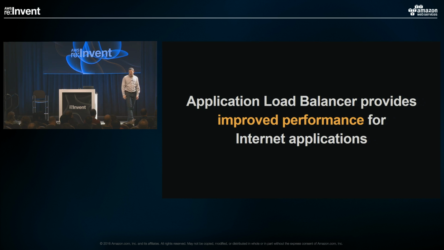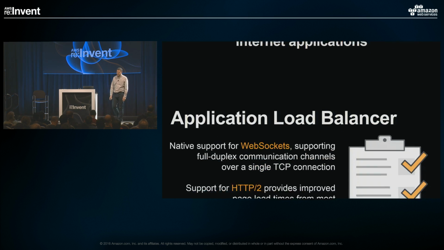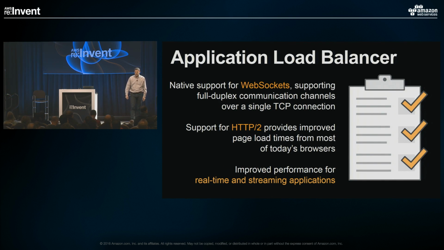Application load balancer provides improved performance for internet applications, right? So we spoke about this a little bit earlier, but there are a few things in here. If you're running an application on the internet and you don't even have a need for path-based routing, it's a really good idea if it's HTTP to consider application load balancer. So some of the things there, so native support for WebSockets. Basically, WebSockets have been around for a year or two.